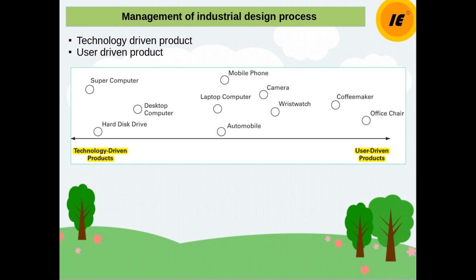Depending on whether it is a technology driven product, it doesn't need too much, or it needs a different kind of industrial design involvement. But if it is a user driven product, then it needs a lot of involvement from the industrial designers. The primary characteristic of a technology driven product is that its core benefit is based on its technology or its ability to accomplish a specific technical task.